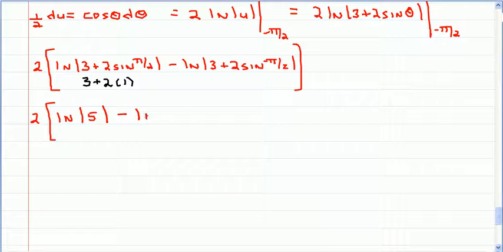And then minus the ln, I have 3 plus 2 times the sine of minus pi over 2. The sine of minus pi over 2 is equal to negative 1.